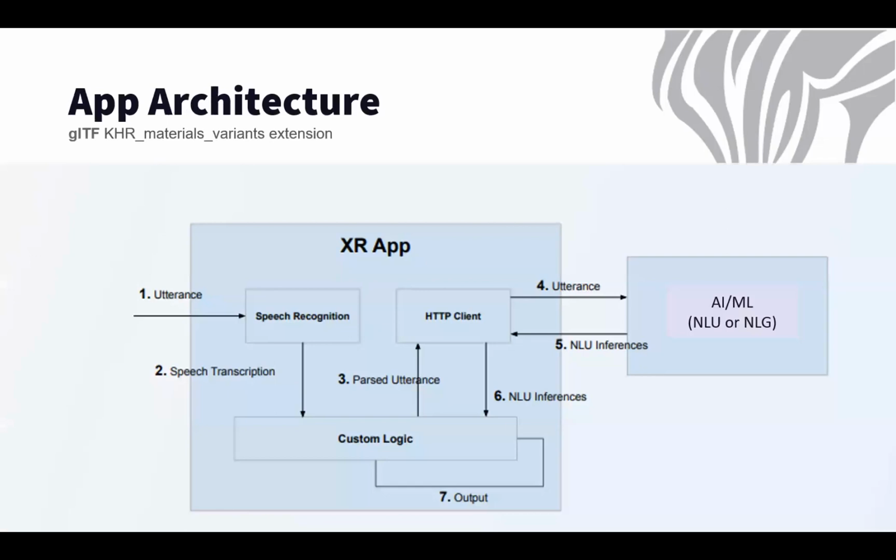So in terms of the application architecture, it's kind of simple on how it works. The first part is when a user talks to the app, we need to do speech recognition. Through speech recognition, we are able to transcribe the voice to text.